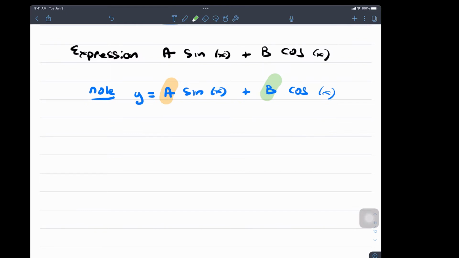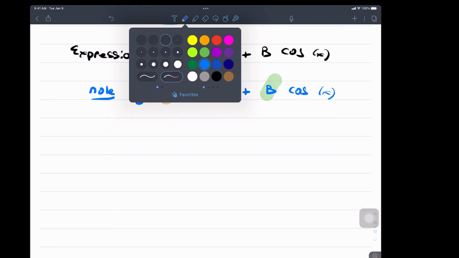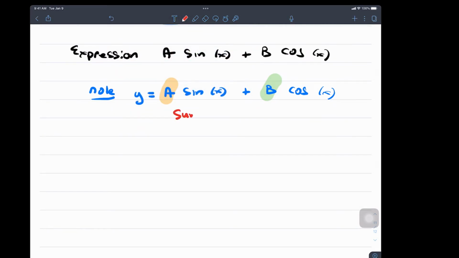Of course, A and B are constants, and you have to graph this. You go, how in the world do I graph the sum of two functions? This is really just the sum of two functions. So there is a way to do that.